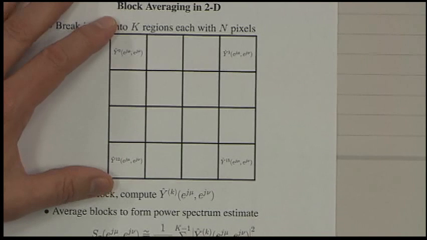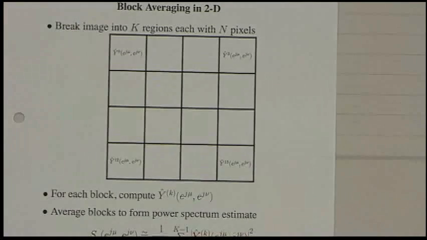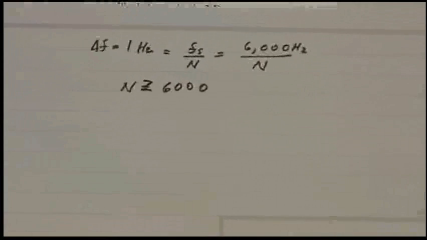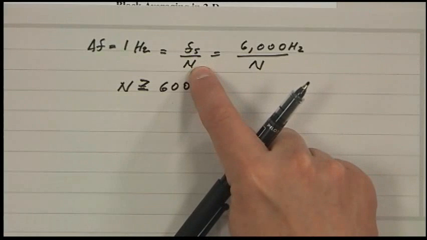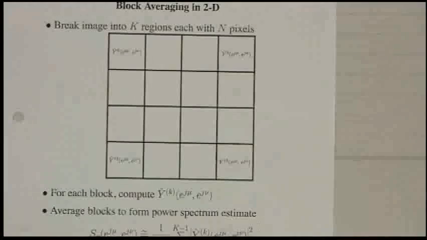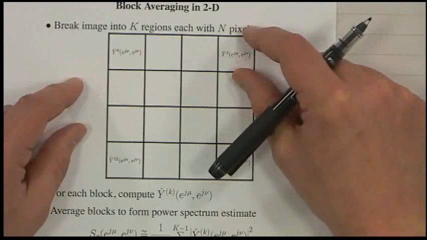The resolution in frequency is not going to be high, okay? Because the resolution, as I just pointed out, is related to 1 over n. So if n's small, you won't get so much resolution. So you'll have a smooth estimate in frequency, but what's the advantage of making lots of blocks?